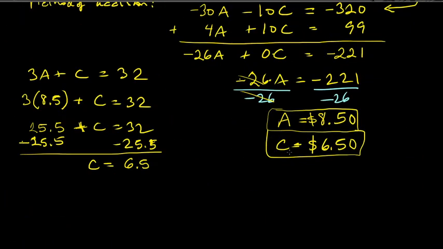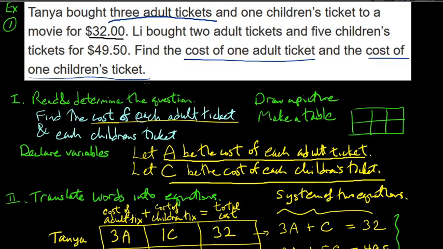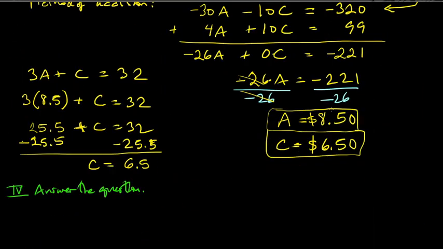So step 4 is to answer the question. Right? So let's see, way up here. Find the cost of one adult ticket. The cost of one adult ticket is $8.50.